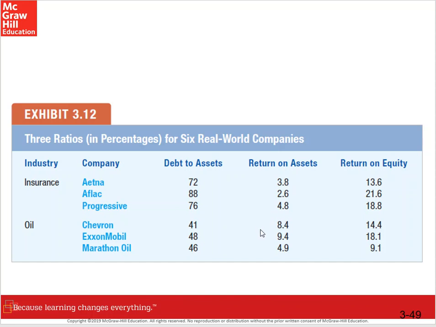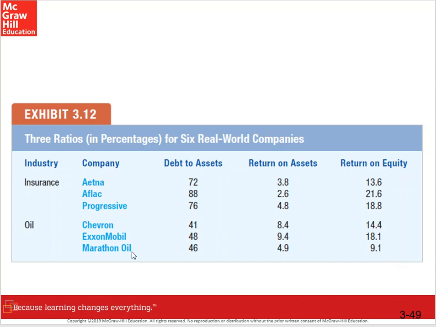Return on assets, Chevron and ExxonMobil are somewhat close, and then Marathon, that's the smaller company than Chevron and Exxon, a little bit more of a new up-and-coming company, probably less heard of. Their return on assets is significantly lower at 4.9. And then we look at return on equity, and Chevron is in the middle, Exxon is the highest. Again, we want higher numbers here. And then Marathon's trailing way behind again.